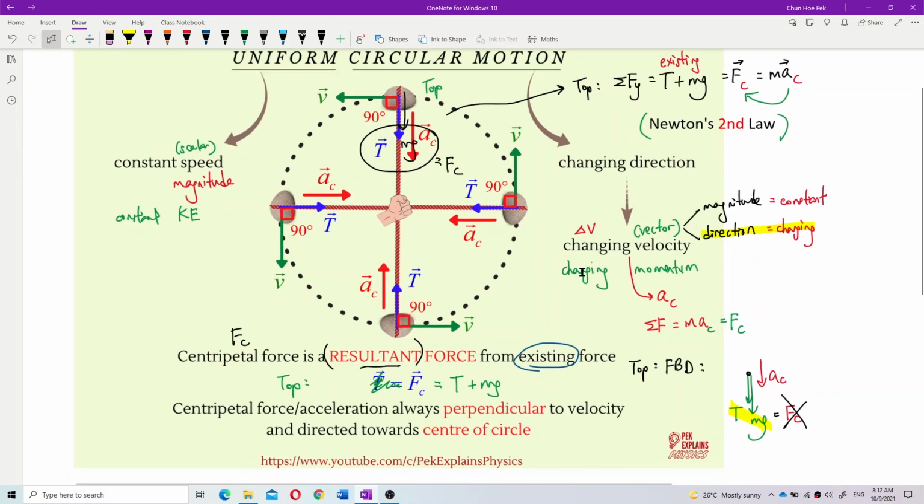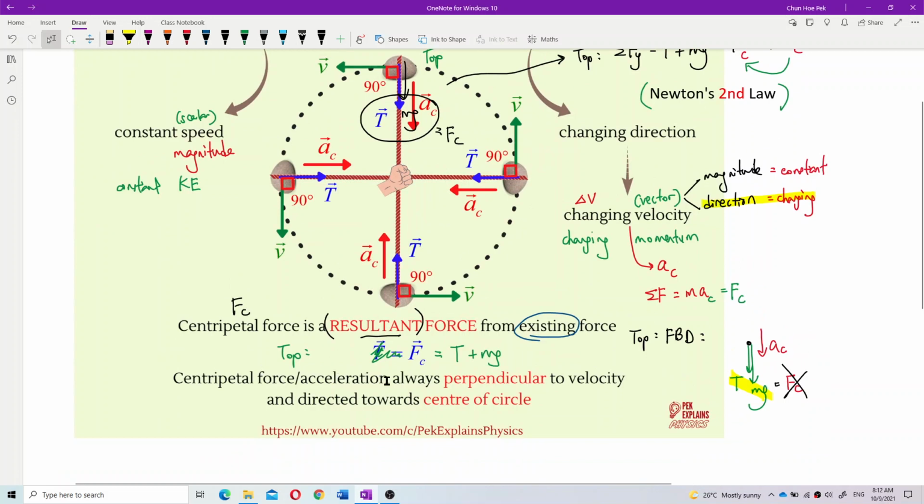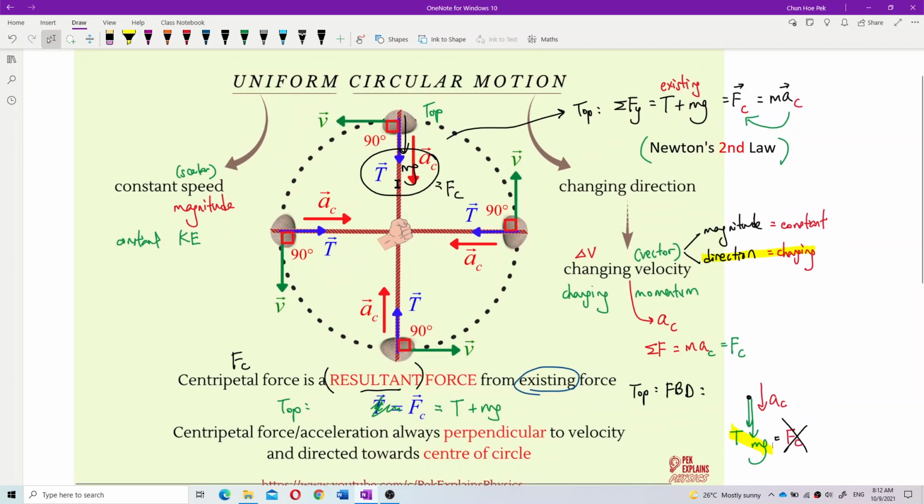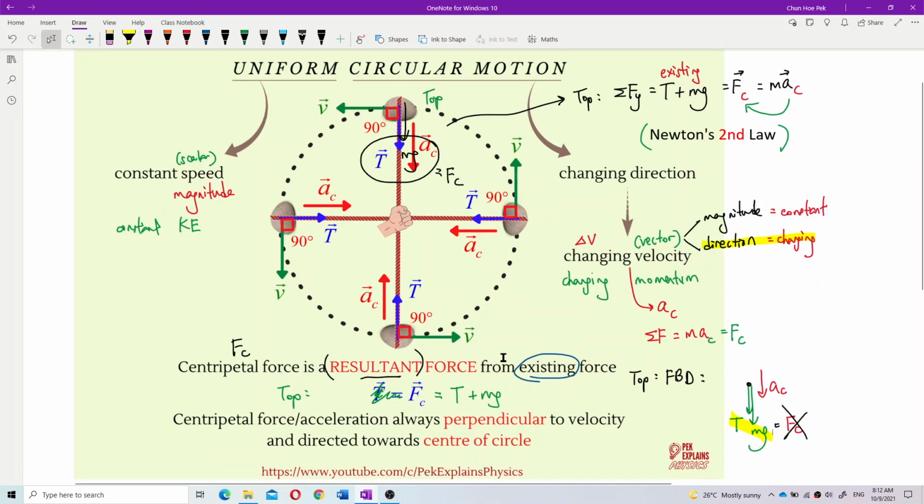Now, centripetal force and acceleration are always perpendicular to the velocity and directed towards the center of the circle. This tension is always perpendicular to the velocity and always directed to the center of the circle.